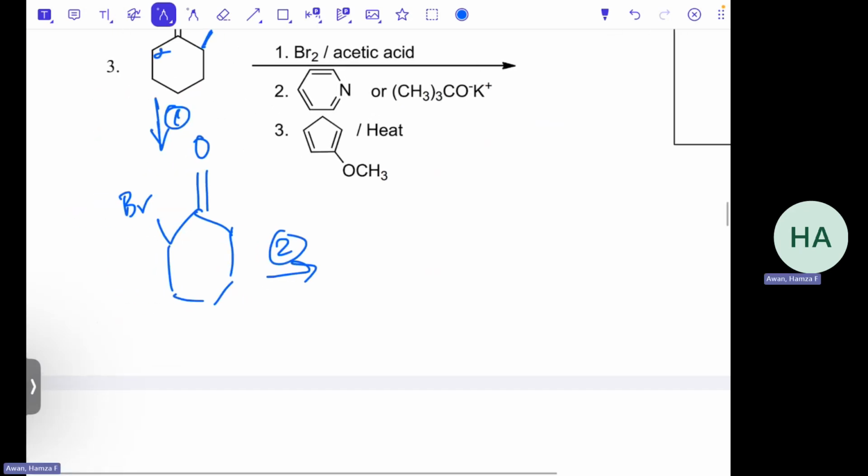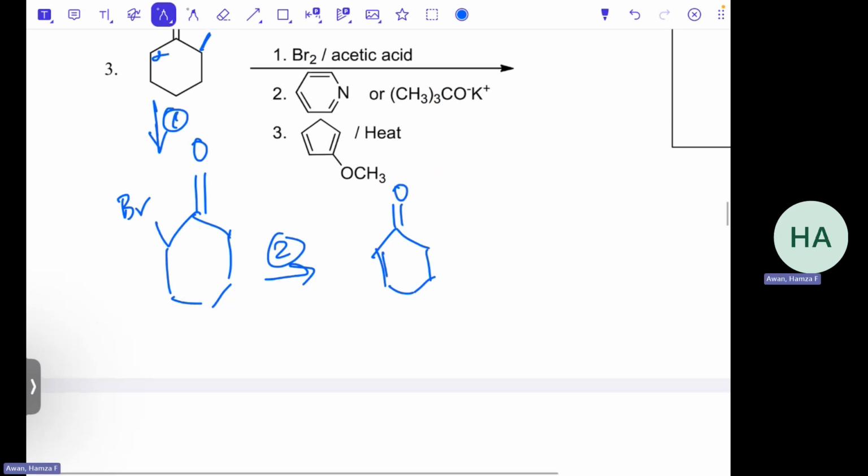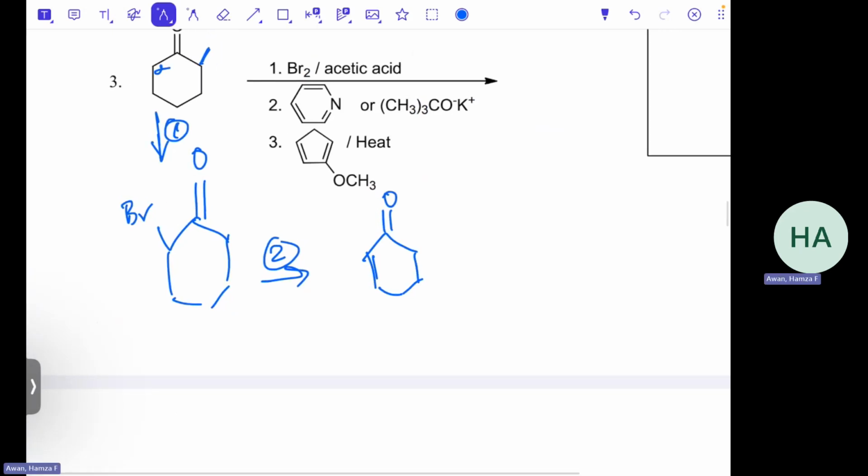For a bulky base, we want the least substituted alkene. So this is going to cause the left side to form an alkene right here. So our product for this step is going to be like this. We have an alkene.